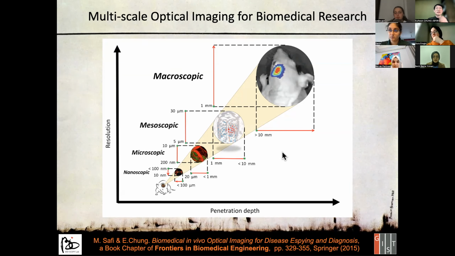For example, if you are interested in tumors growing inside the brain, and we need a contrast to evaluate where the tumors are and how big they are growing, then you do need a contrast mechanism. In this case, we were using bioluminescence. Tumor cells actually emit light inside the tissue, so you can detect it by light imaging.